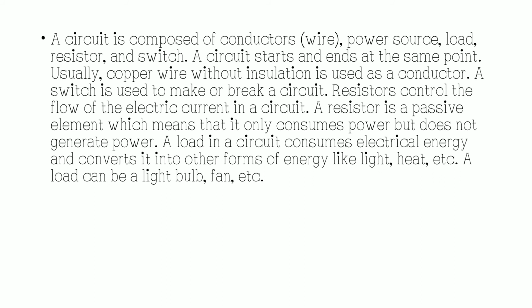A switch is used to make or break the circuit, and resistors control the flow of electric current in the circuit. A resistor is a passive element, which means that it only consumes power but does not generate power. A load in a circuit consumes electrical energy and converts it into forms of energy like light, heat, etc. For example, we have fans, bulbs, tube lights.